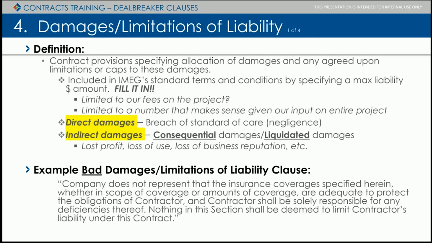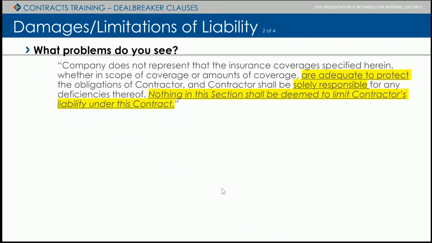Okay. All right. Here's an example of a bad limitations of liability clause, and here are the problems with it. So what this is basically saying, and this is quite common actually, is that we're not going to limit damages to your insurance coverage. IMEG has a very high limit, which is a good thing, but we also have a very high deductible, which is a bad thing.